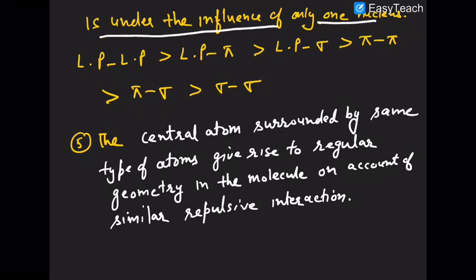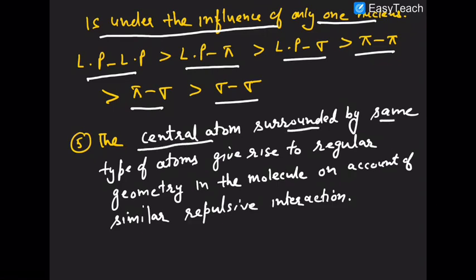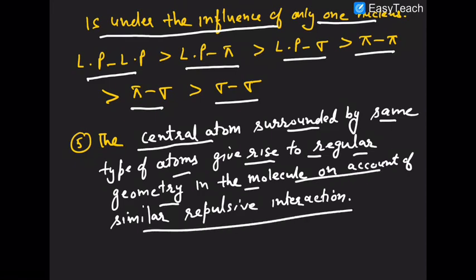So according to the VSEPR theory, lone pair-lone pair repulsion is more than lone pair-pi bond repulsion, then lone pair-sigma bond repulsion, then pi bond-pi bond repulsion, then pi-sigma, and then sigma-sigma repulsion. The central atom surrounded by the same type of atoms gives rise to a regular geometry in the molecule, on account of similar repulsive interactions existing in the molecule.